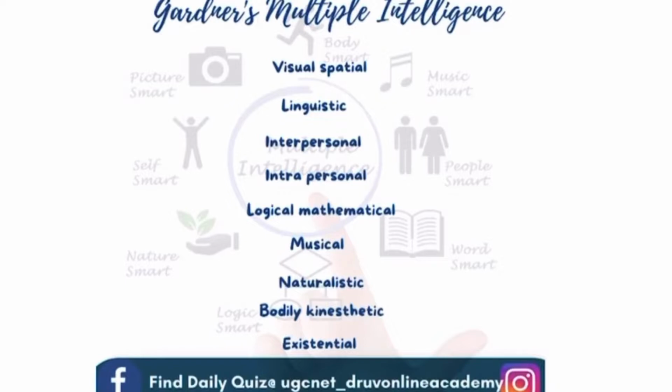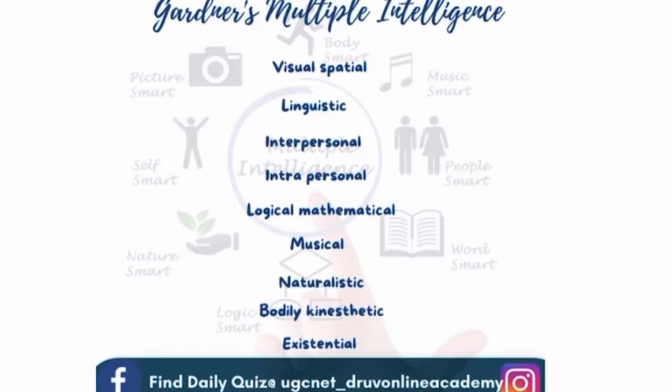Next is logical mathematical intelligence. So this type needs the ability to solve problems logically, solve problems using numbers. So accounts, mathematics, computer programming, statistics, business analytics, these are the fields that are related to this type of intelligence.